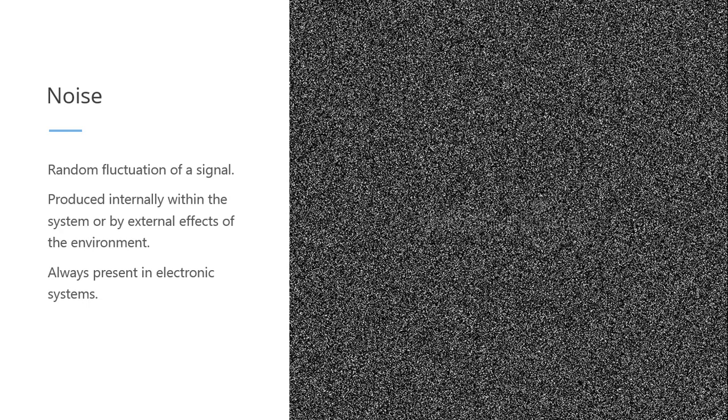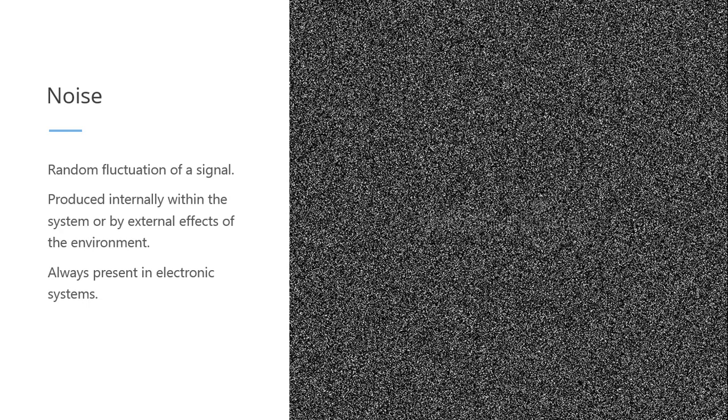Then we also have noise that might come in from outside the system. We call them internal noise and external noise, respectively.